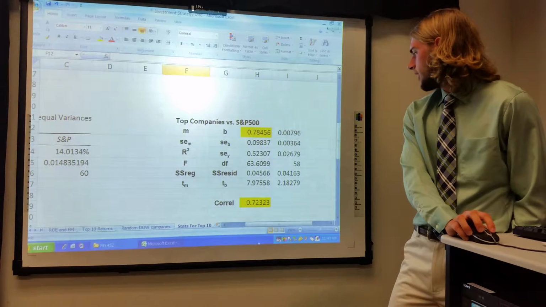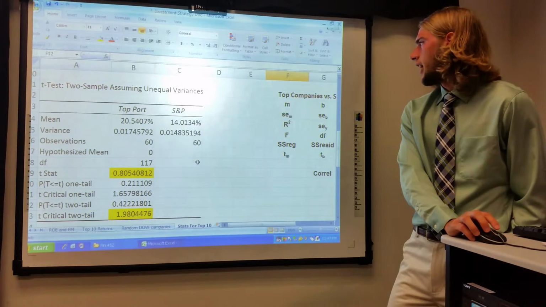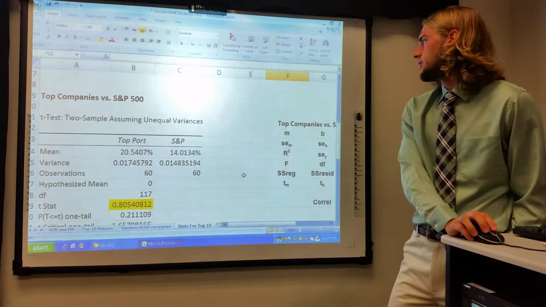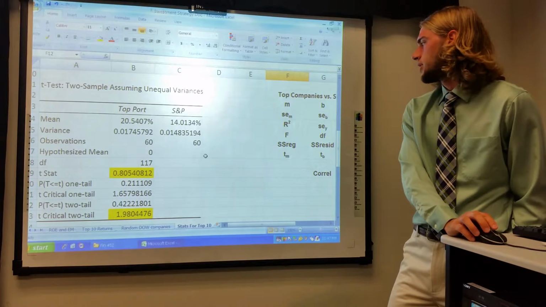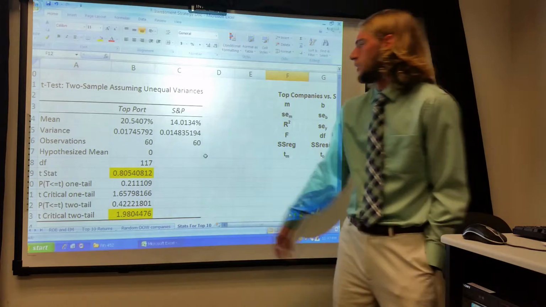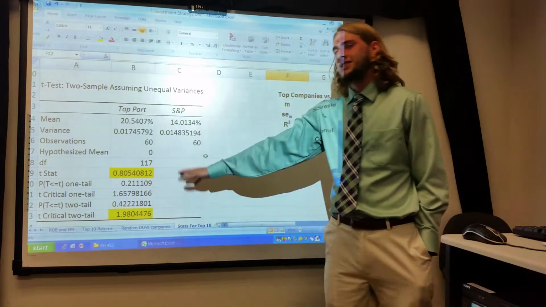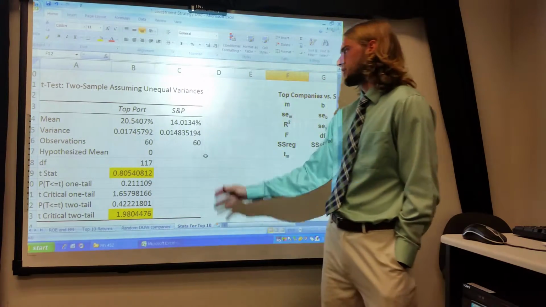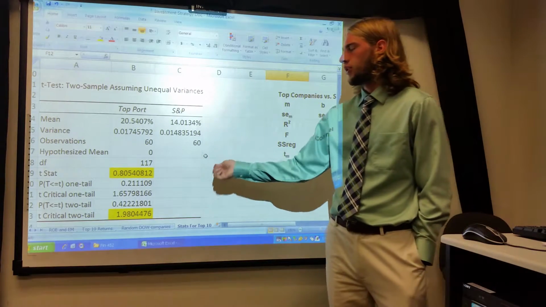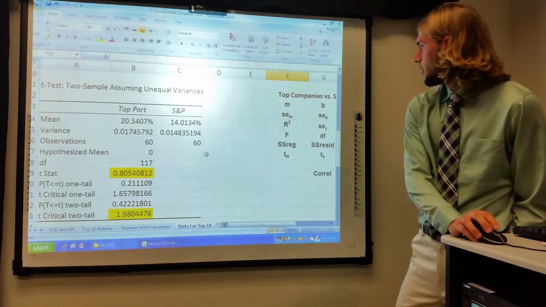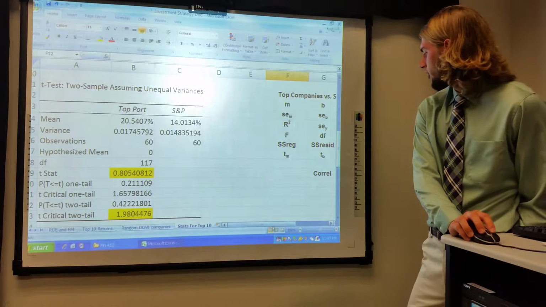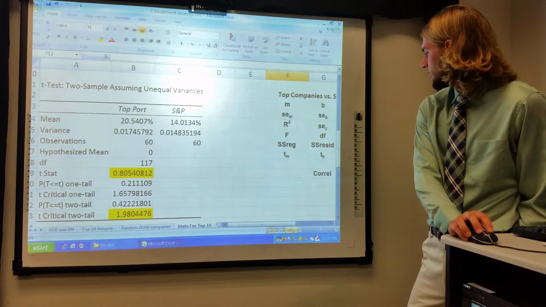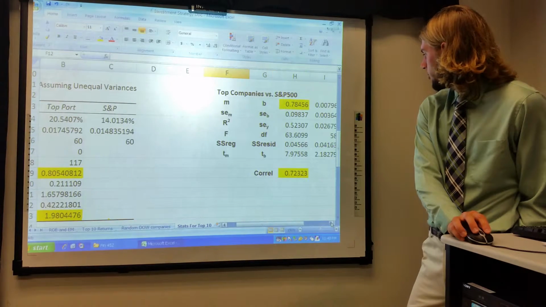Okay, next I did my top companies versus the S&P 500. The numbers were about the same. No statistically significant difference between my top portfolio and the S&P 500. I found that looking at the comparison of the t-stat versus the critical t-value.